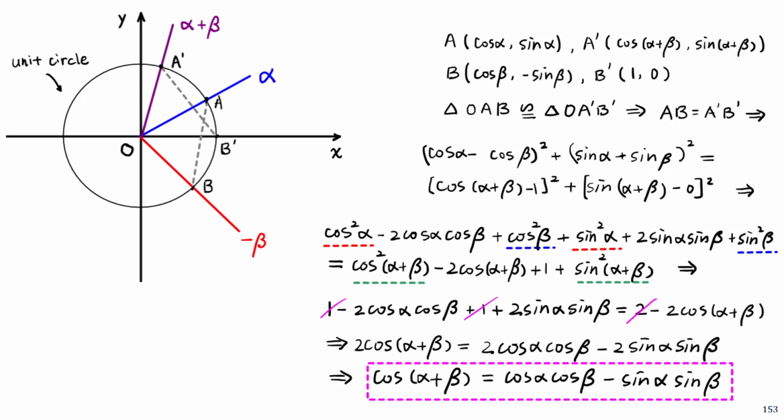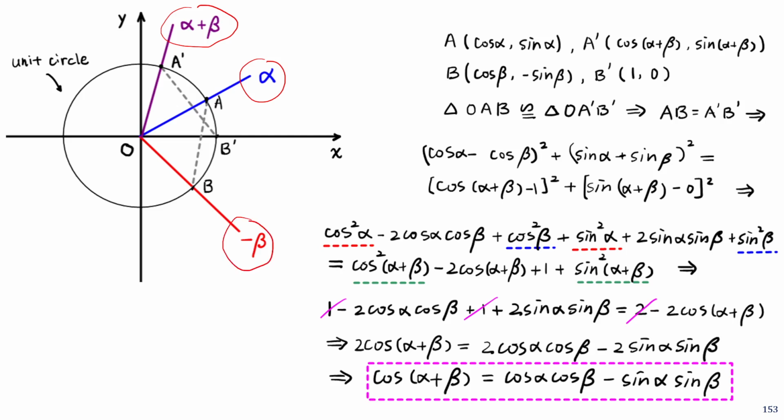We can draw the two angles alpha and beta in the 2D Cartesian plane without loss of generality. Let's suppose this is alpha, and this angle here is alpha plus beta, and we can also draw the terminal arm of negative beta like this.